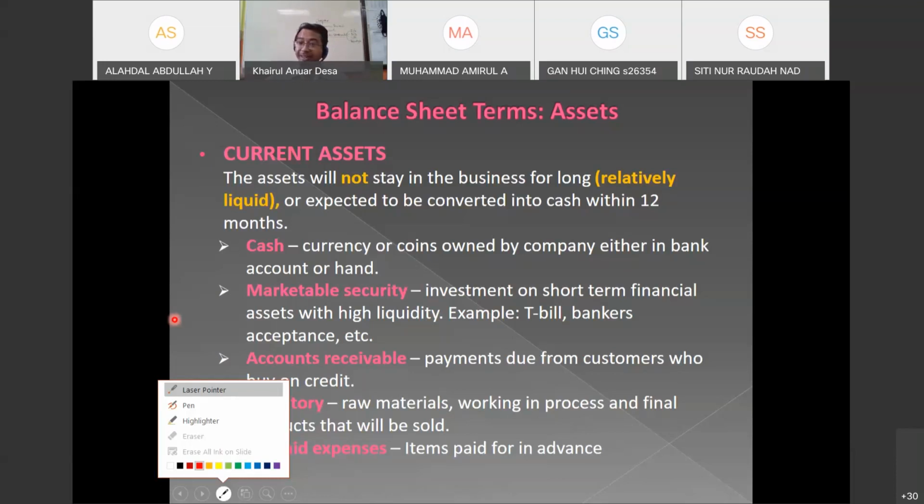Wang yang ada di sekeliling kita. If the government wants to reduce money in circulation, okay, sekiranya kerajaan ingin mengurangkan wang di dalam edaran, kerajaan akan memaksa, okay, government will instruct banks to buy the treasury bill, and then wang di dalam edaran akan berkurang.